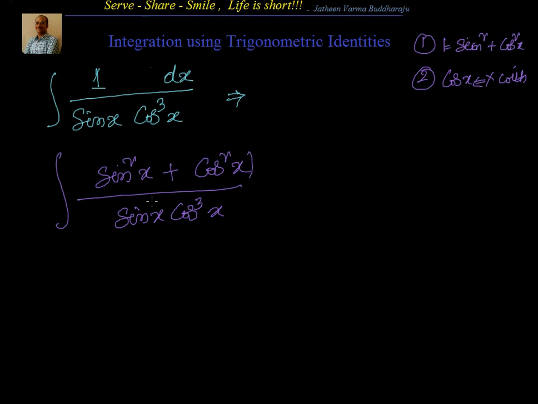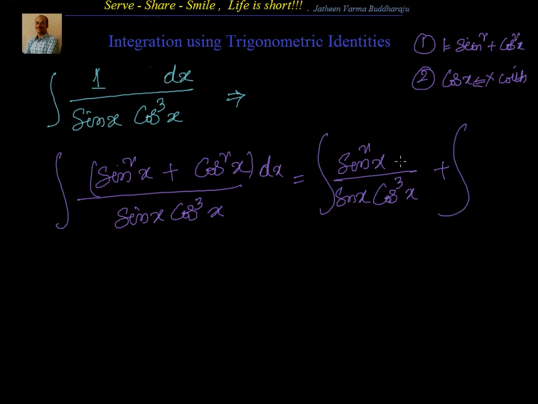This is the problem. So we'll try to separate them now and write it as integral of sin square x by sin x cos cube x plus integral of cos square x by sin x cos cube x dx. Now we'll separate them.